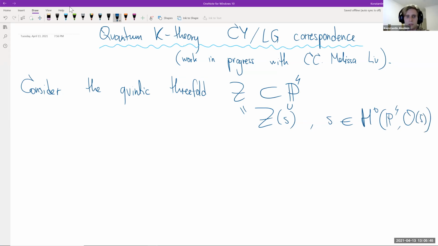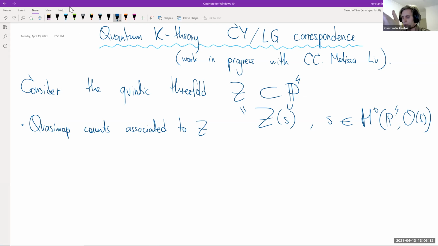And there are enumerative theories we can associate to this quintic, and the theory I will be interested in today is basically quasi-map counts associated to Z.